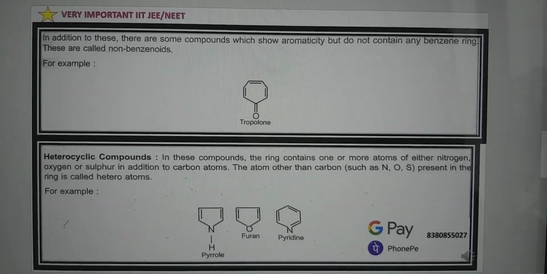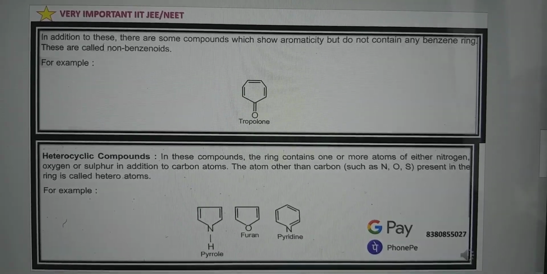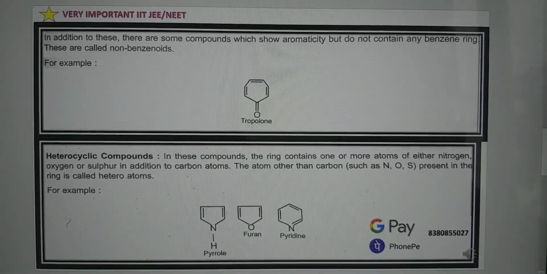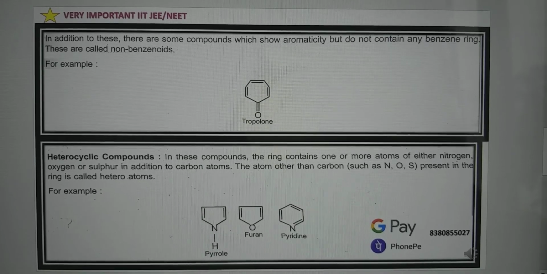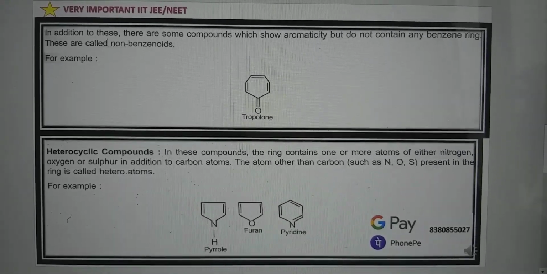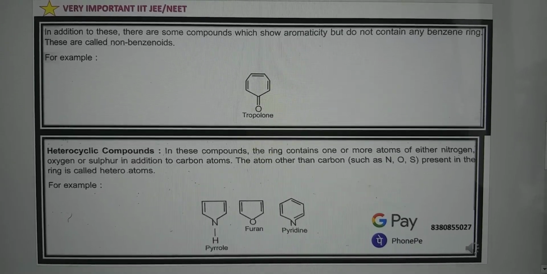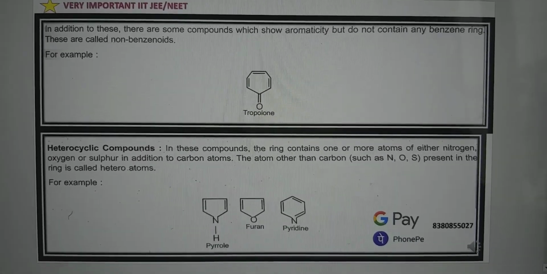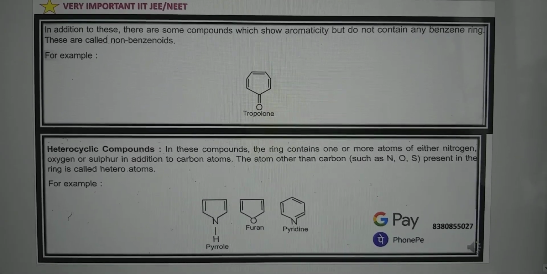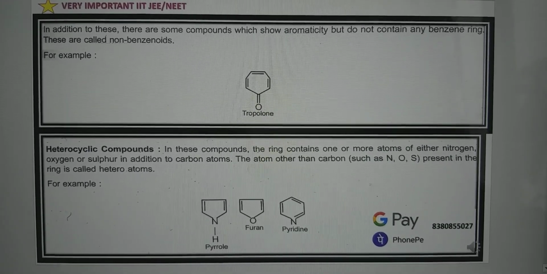Dear students, now let us look at one of the most important topics for IIT JEE or NEET, based on which most of the questions are frequently asked. In addition to these, there are some compounds which show aromaticity but do not contain any benzene ring.